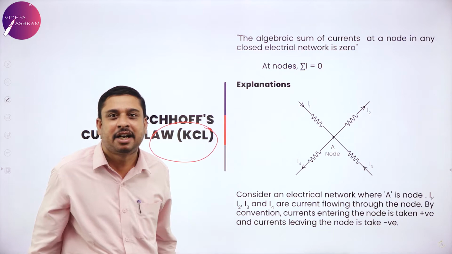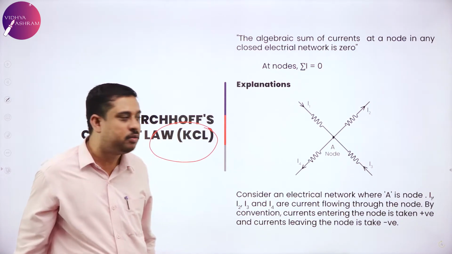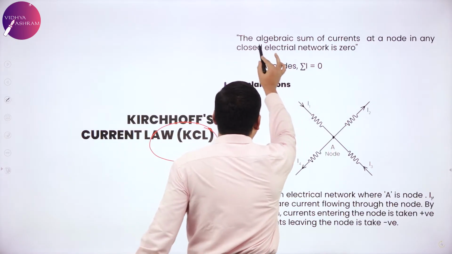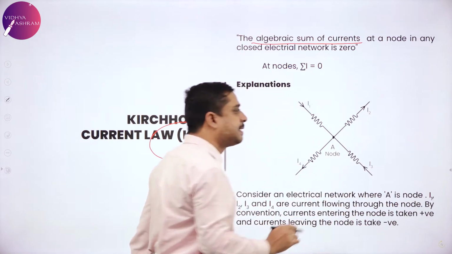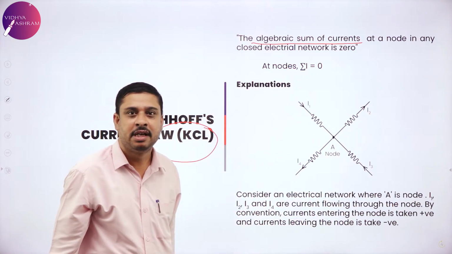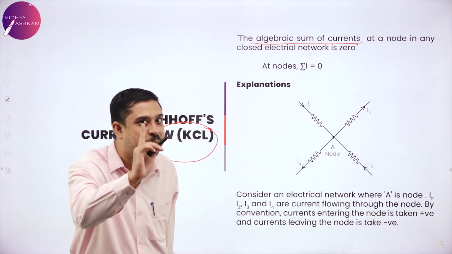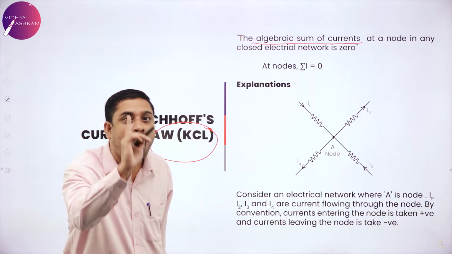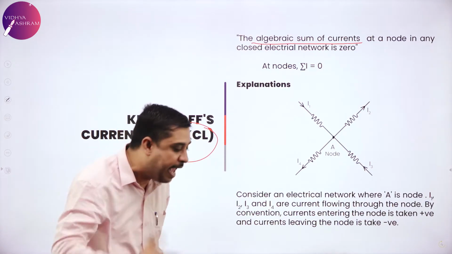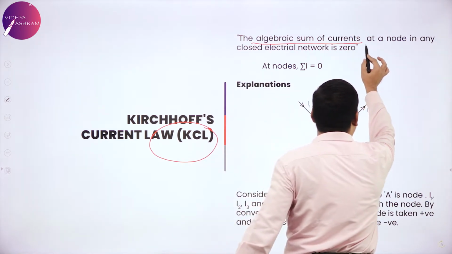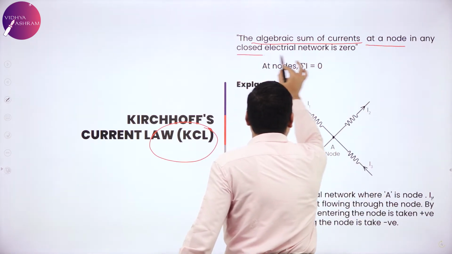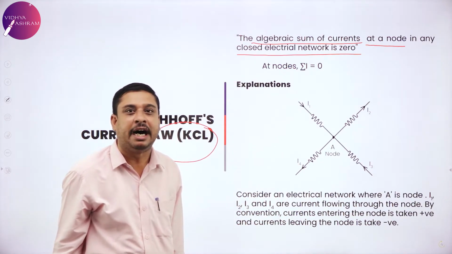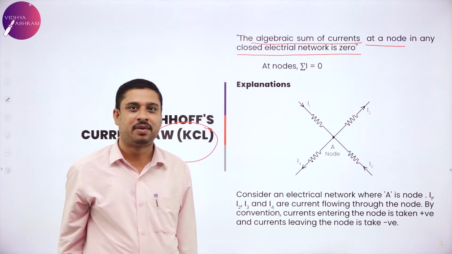We will first hear the statement of this law. KCL says that the algebraic sum of currents, again, not simply current, the algebraic sum of currents, at a node in any closed electrical network is 0.